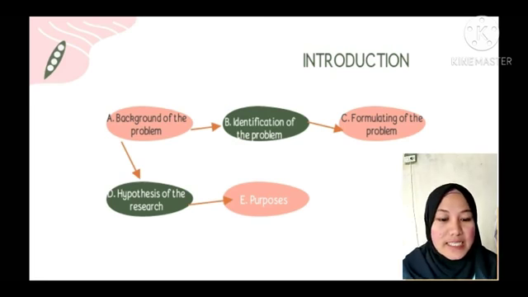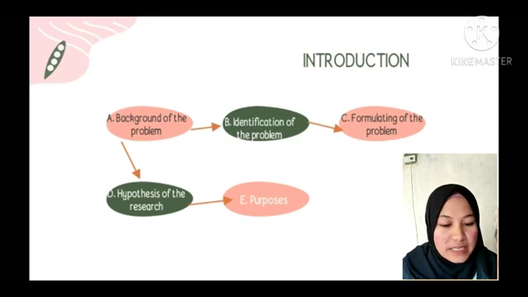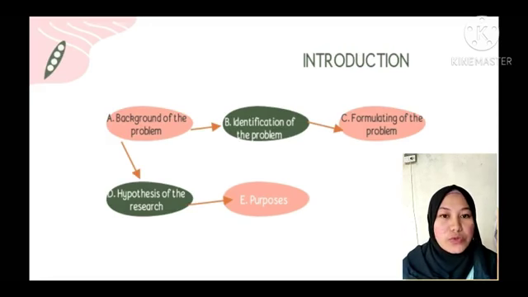The second is identification of the problem. In the current situation where everyone is affected, virtual learning to continue our learning activities is the right step. We learn to use synchronous and asynchronous system.